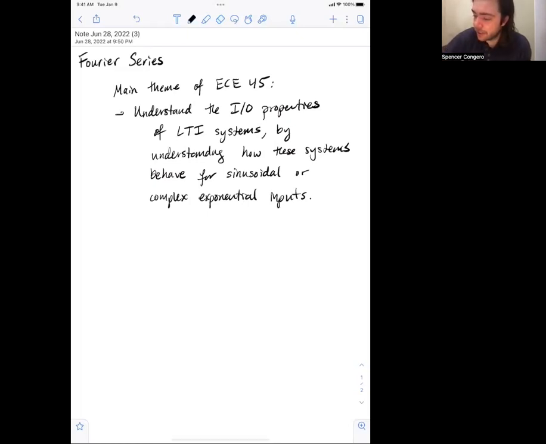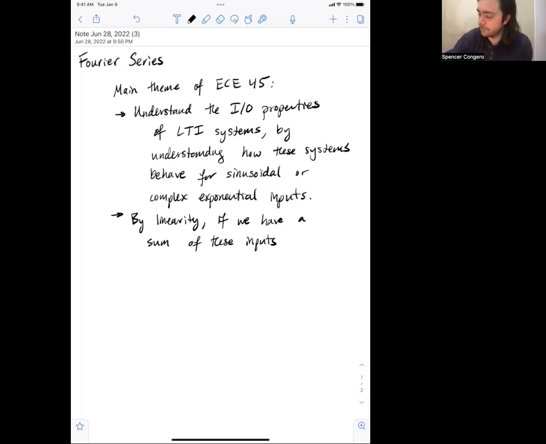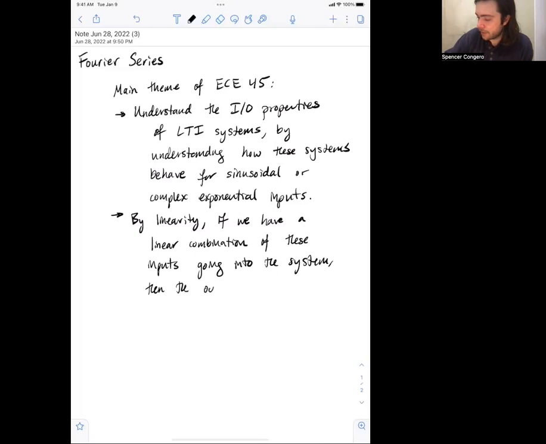And I'll just make another note. By linearity, the L of LTI, if we have a linear combination of these inputs going into our system, then we know the output is the same linear combination of the corresponding outputs.